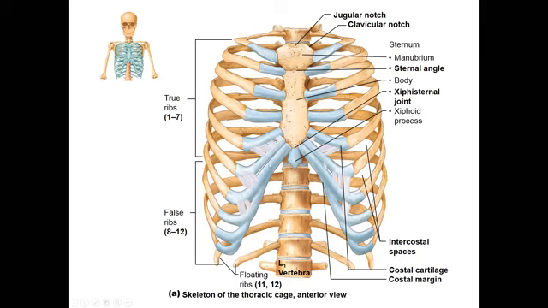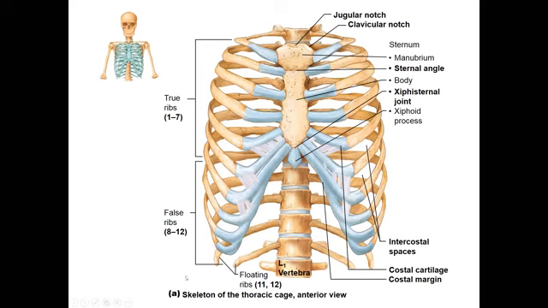Hang on, 1, 2, 3, 4, 5, 6, 7, 8, 9, 10, 11, 12. So it's only 10. I counted wrong. So 8 to 10 connect through just cartilage to basically the 7th. And then 11 and 12 are what's called floating ribs.